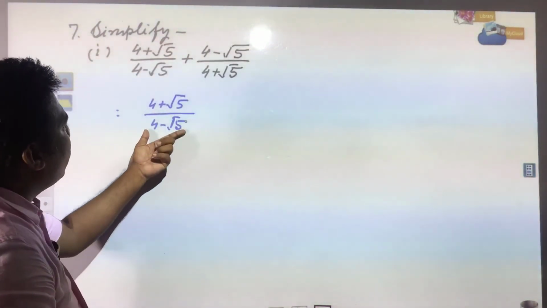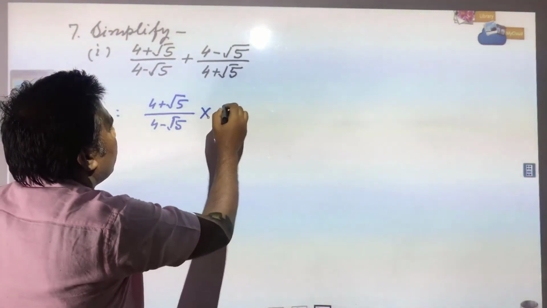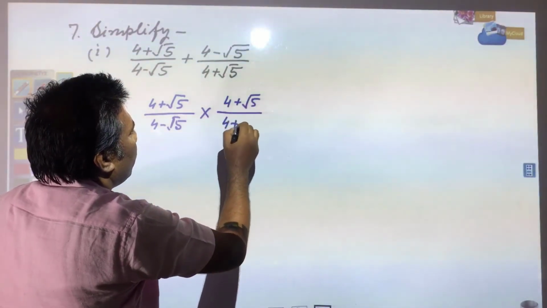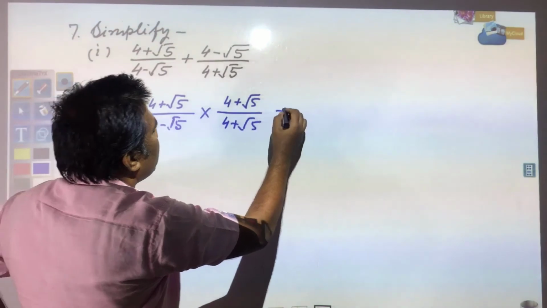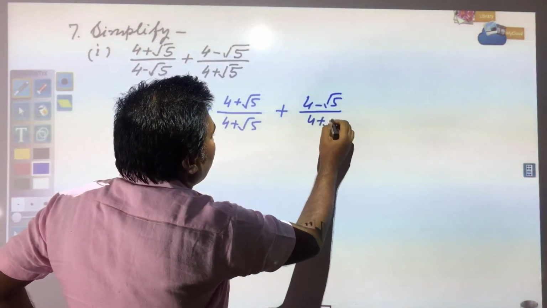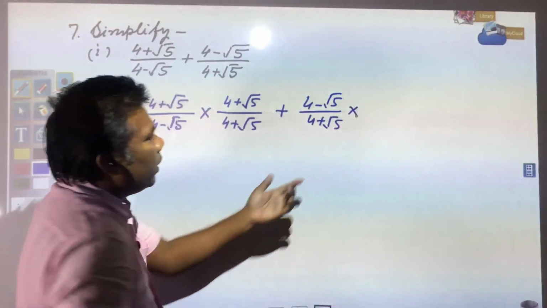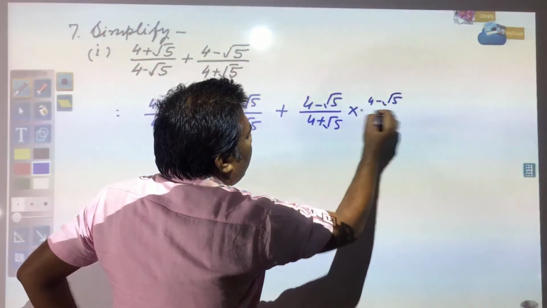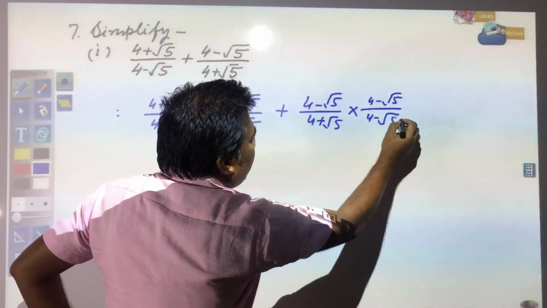Rationalizing factor of 4 minus root 5 is equal to 4 plus root 5, divided by 4 plus root 5, plus 4 minus root 5 divided by 4 plus root 5. Rationalizing factor of 4 plus root 5 is 4 minus root 5 divided by 4 minus root 5.